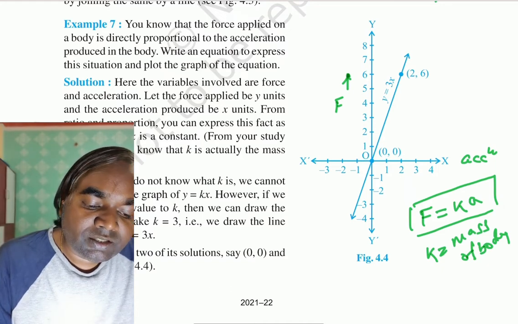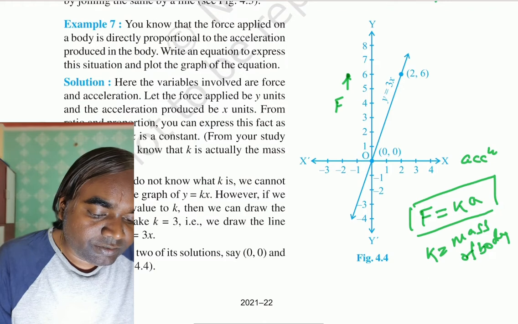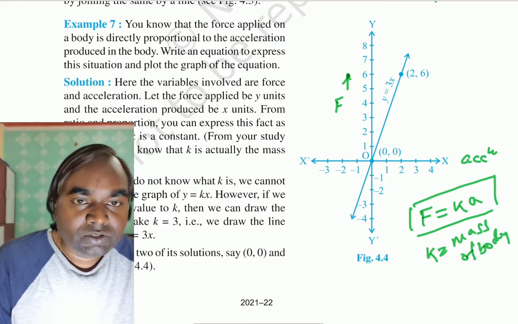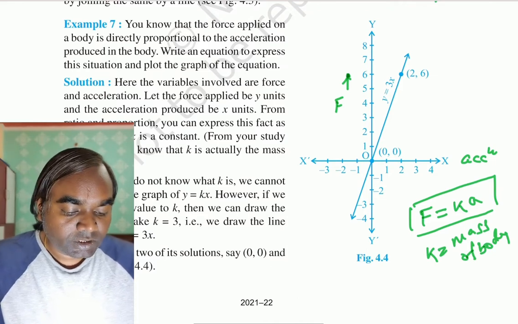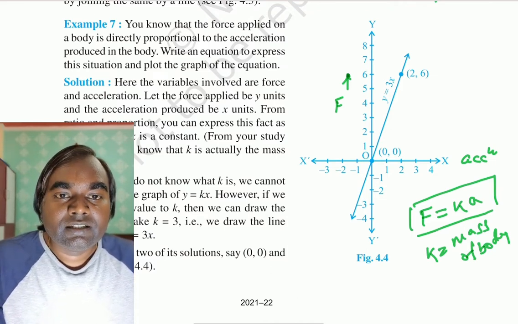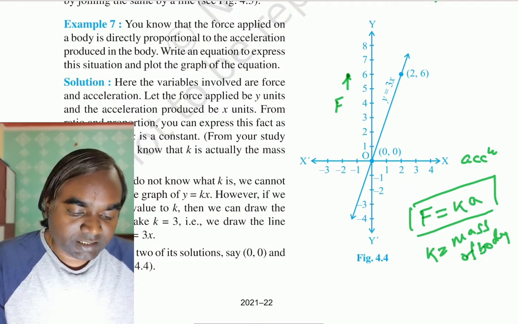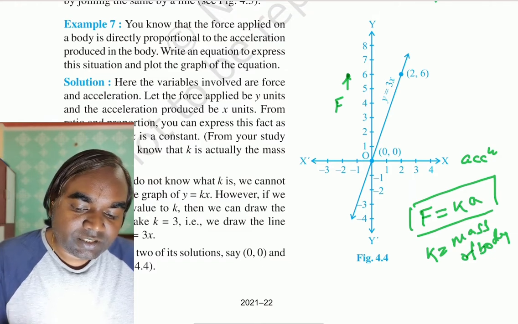Since we don't know the value for k, we can't draw the precise graph of F is equal to k a. However, if we give a certain value to k, then we can draw the graph. Let us take k, that is the mass of the body, as 3 units. So in that case F is equal to 3a.